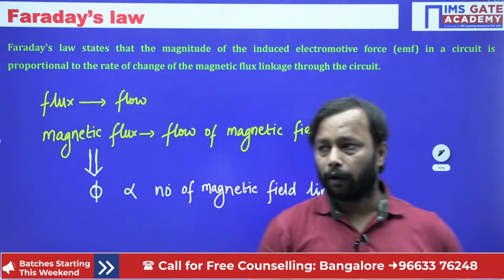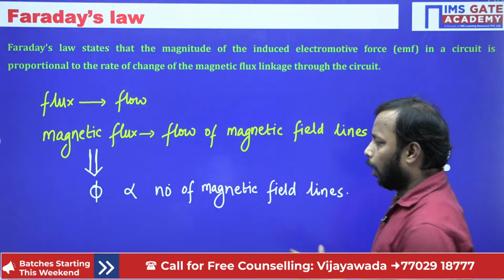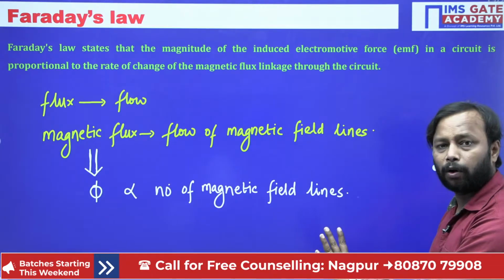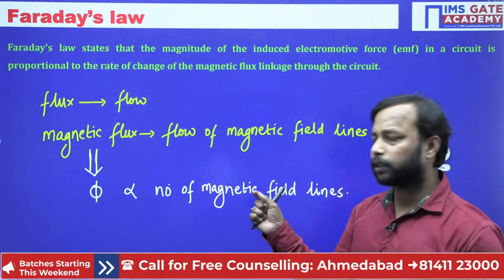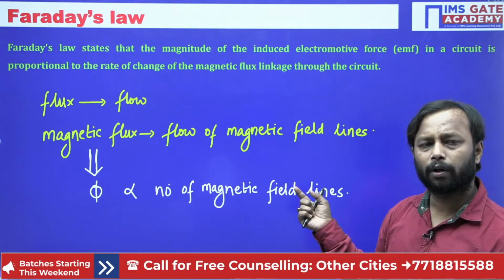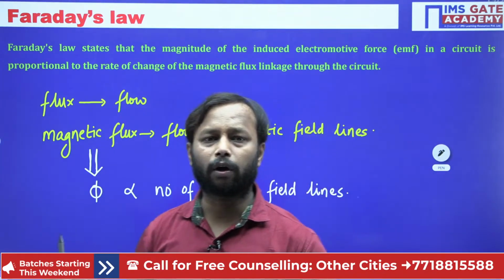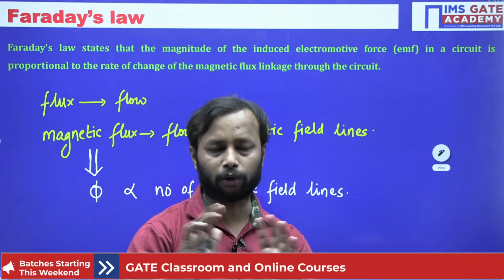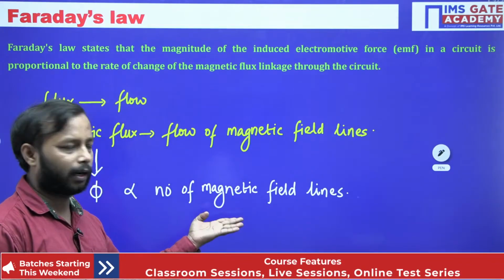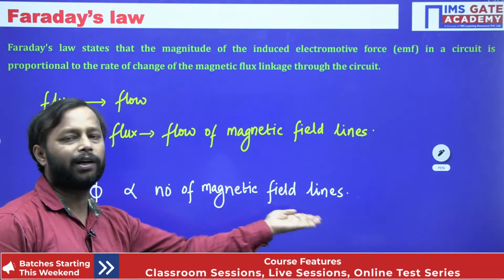Now please listen very carefully. This flux is proportional to the number of field lines. Can you please tell me the unit of this number of lines? No, we cannot give a unit for any particular lines. I am not talking about centimeter or meter.